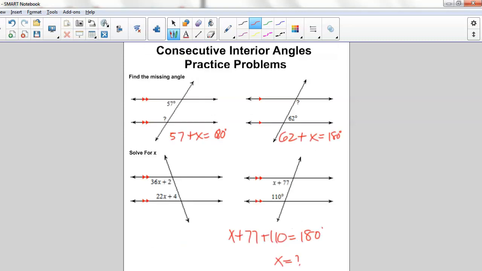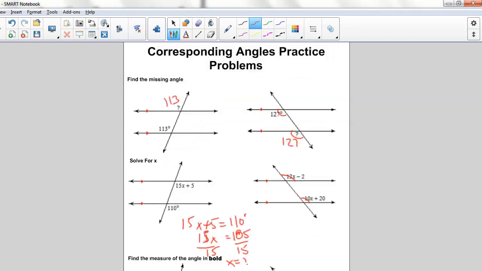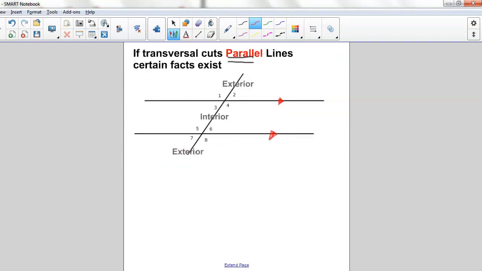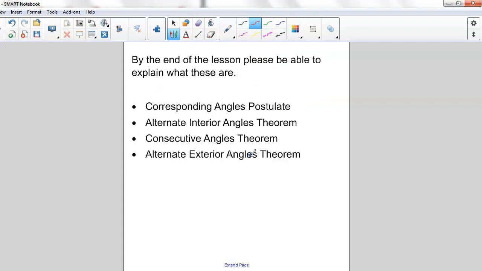That's basically it. In your notes, you should say what all four of these postulates and theorems are. Corresponding angles: when two parallel lines are cut by a transversal, they are congruent. Alternate interior angles: when two parallel lines are cut by a transversal, they are congruent.